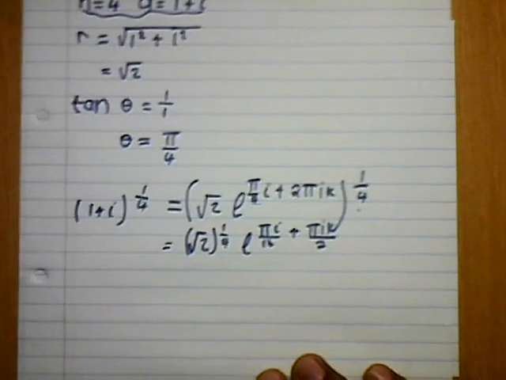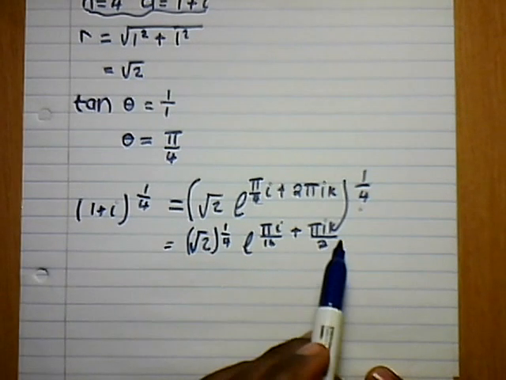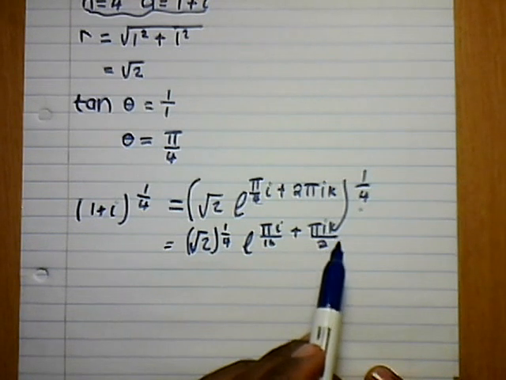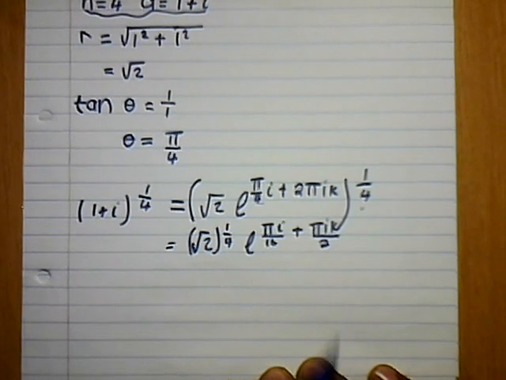What is left for us is to give different successive values of k to determine our roots.